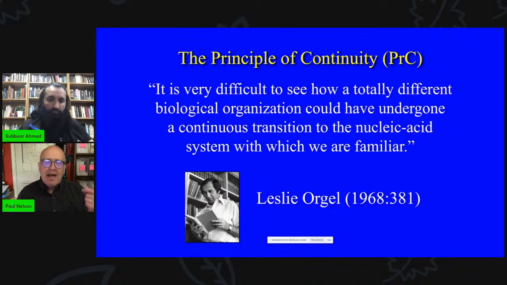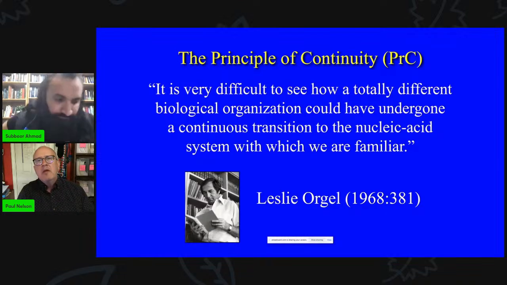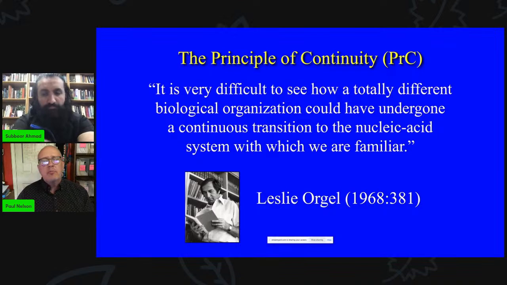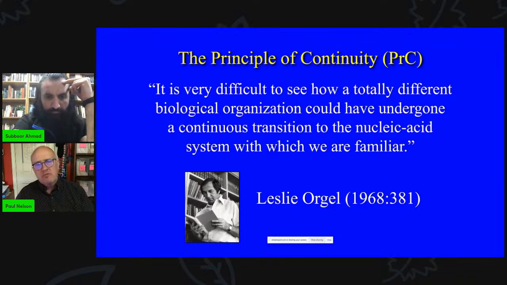principle allowed him to pass judgment critically on a hypothesis current at the time that the original biochemistry, if you will, capable of replication, could have undergone a fundamental chemical transformation to the system that we know today, DNA, RNA, protein.